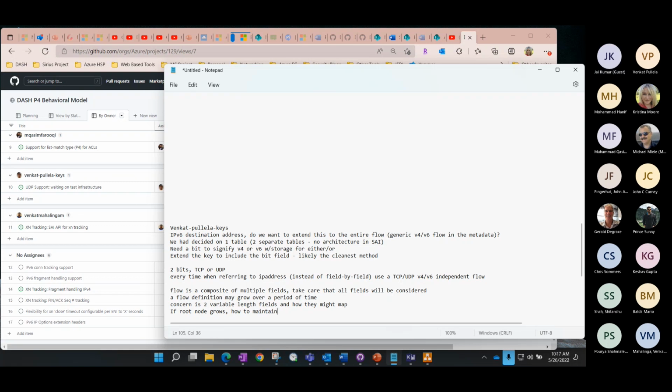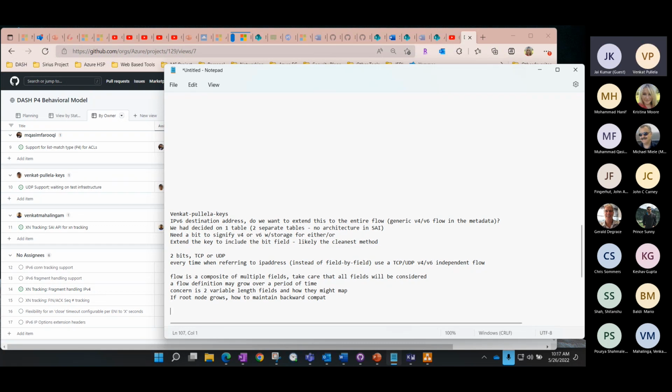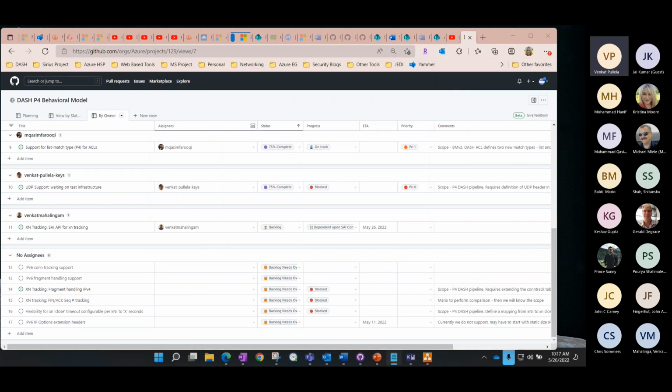That's something to think about. There could also be implementation inefficiencies based on offsets. But this is a behavioral model, so maybe we are okay. That's what I was thinking.